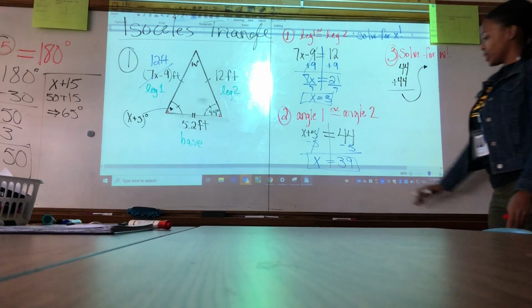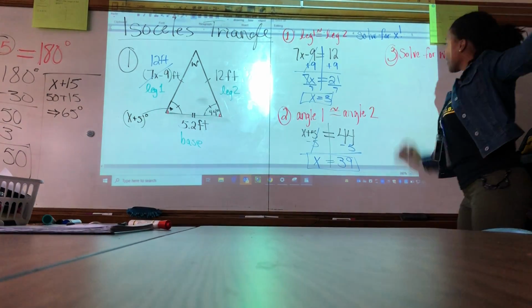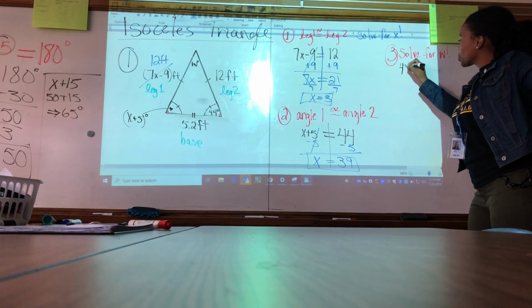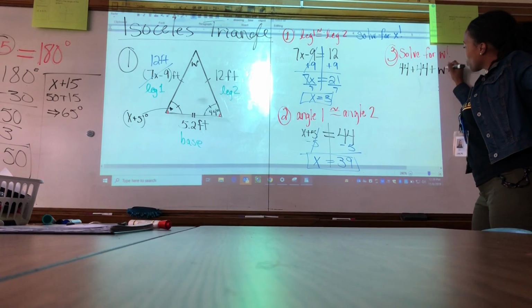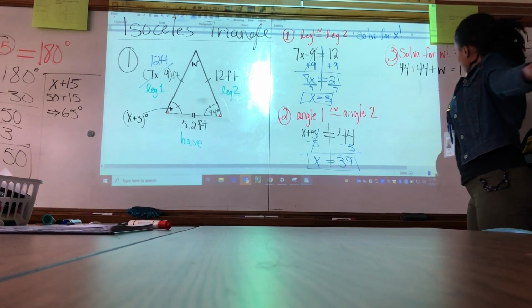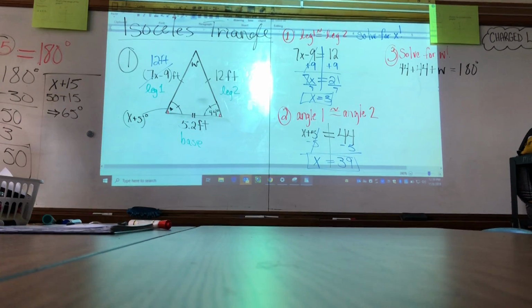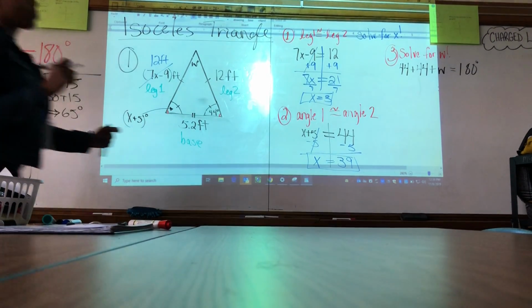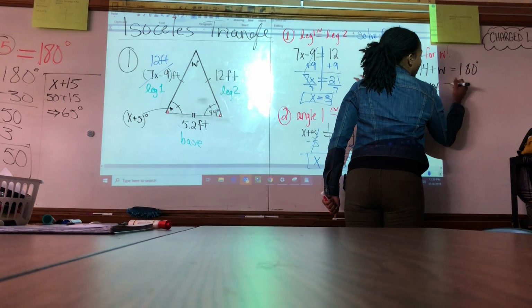We could actually, let me do it the 2 ways. Save that, because that's the actual equation. 44 plus 44 plus what? W equals 180. Absolutely. Now let me back up. Because the 2 like terms are 44 plus 44. So 88. Yes, ma'am. So 88 plus W is 180.